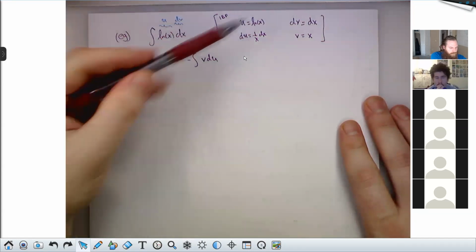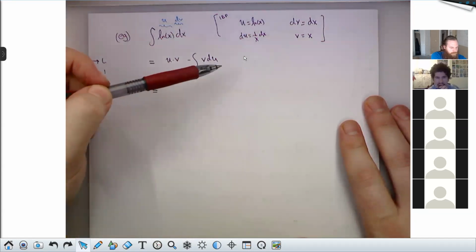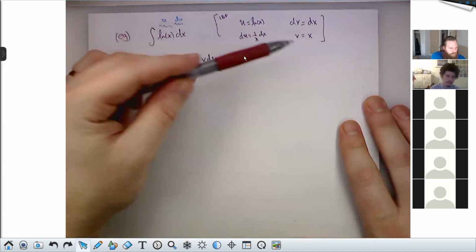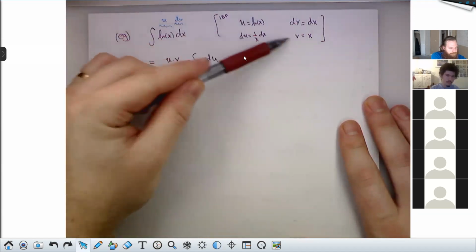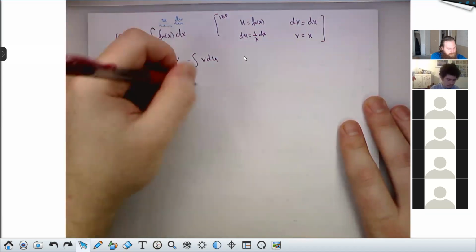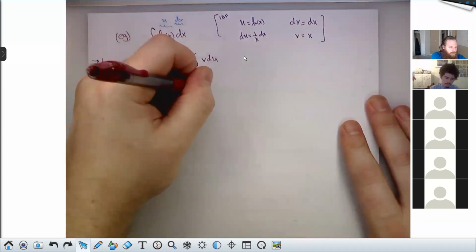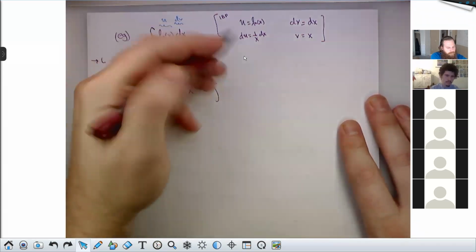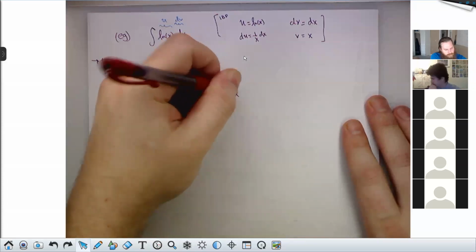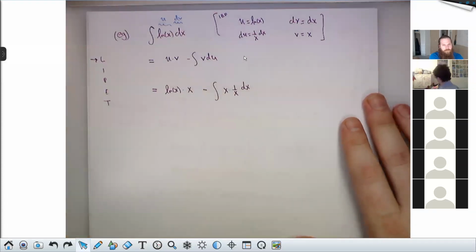If u is ln x, then du is 1 over x dx. If dv is dx, then v is equal to x. So u times v is the natural log of x times x, minus the integral of v times du, which is the integral of x times 1 over x dx.